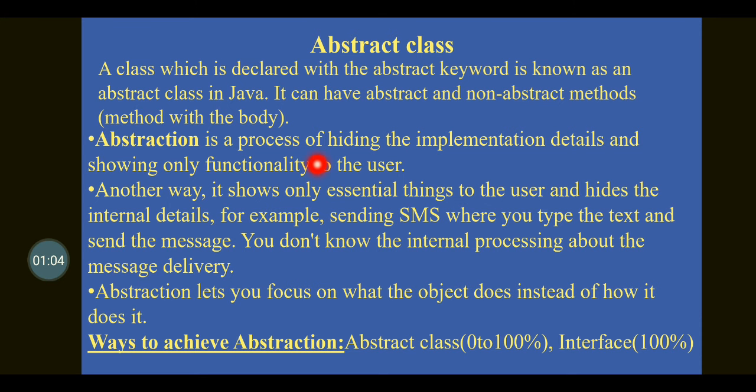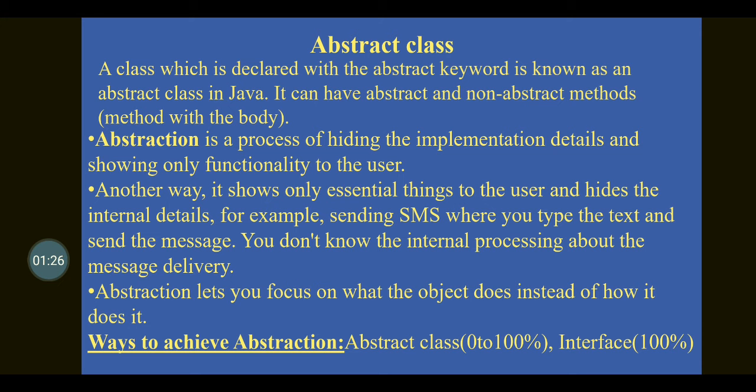So abstraction is the process of hiding the implementation details and showing only the functionality to the user. We can define it in another way: it shows only the essential things to the user and hides the internal details.